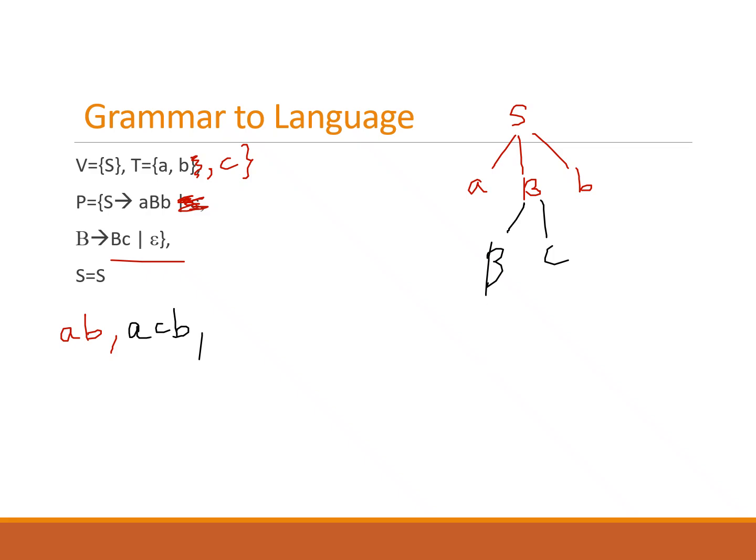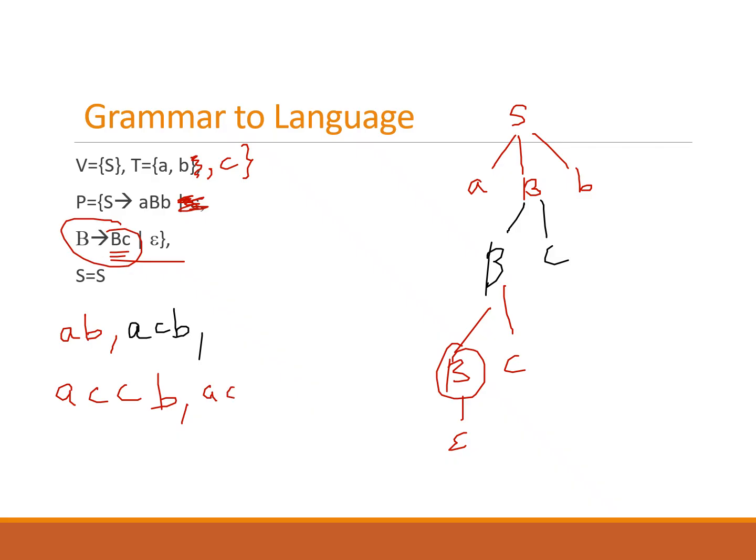Again, instead of this B, if we expand it again with BC, and this B is made epsilon again, we are having 2 C's at the center. So if you see, this B here has created a recursion of C's at the center.